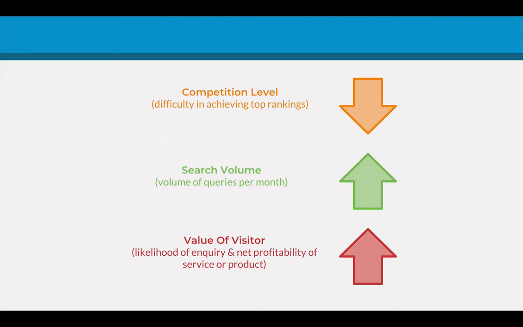So secondly, we've got the search volume, which is the number of queries per month that search term actually has on Google on average. If you don't know how to find this number, which is on average the number of people who search that search term per month, you can install a tool called Keywords Everywhere.